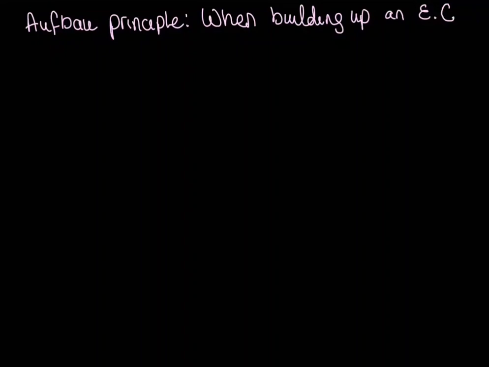This states that when building up an electron configuration, I'm just going to say EC, of an atom in its ground state. So that means there's nothing added, there's no excitement of electrons, it's just in its neutral ground normal state.